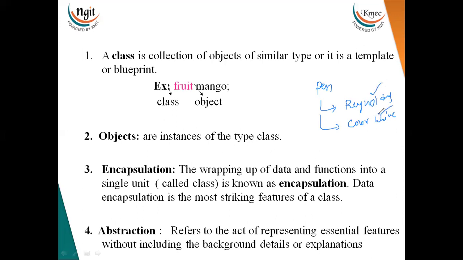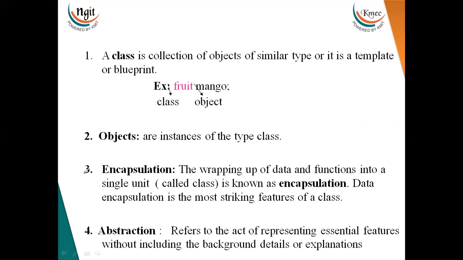The color white is its state, and the purpose of it, which is to write, is called the behavior. This is the behavior, this is the state, and this is the identity. Every object contains identity, state, and behavior. So by using these real-time objects, we are going to implement object-oriented programming in our applications.